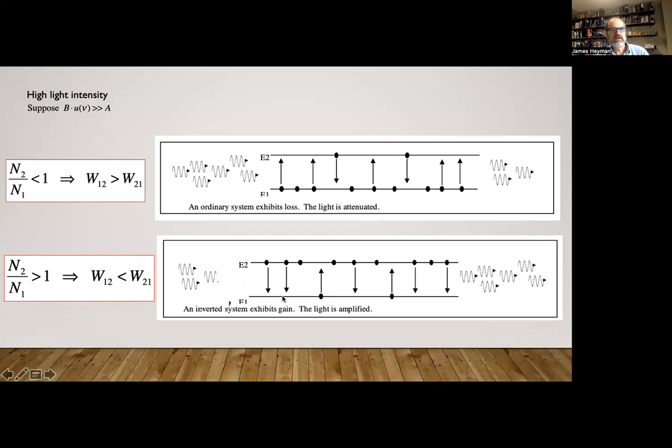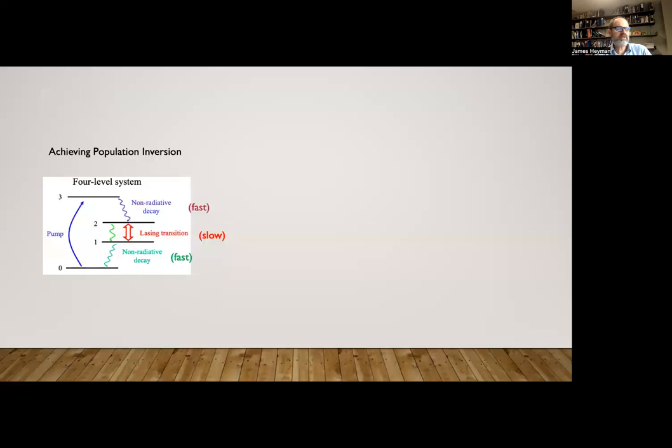Now I'd like to talk briefly about how we could arrange to have more atoms in the upper state than in the lower state. To do this, normally we can't use a two-level system. We have to use something more complicated.